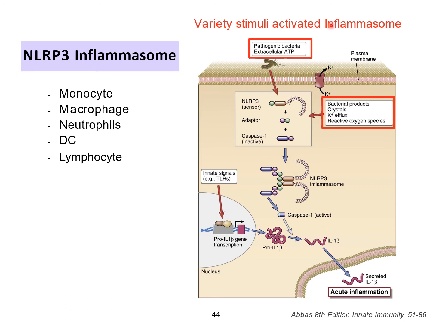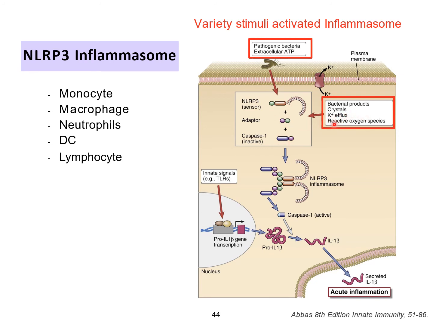A variety of stimuli activate the inflammasome, such as pathogenic bacteria and extracellular ATP that will enter into the cell. So with the help of NLRP3 plus adapter plus caspase 1, all these three are the inflammasome complex.